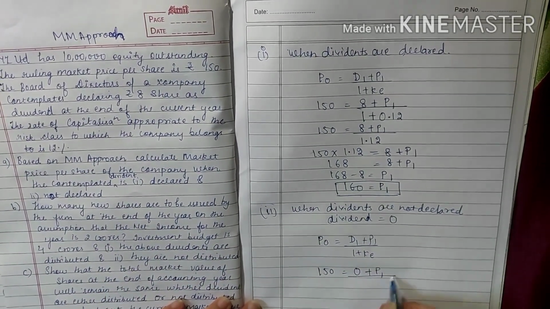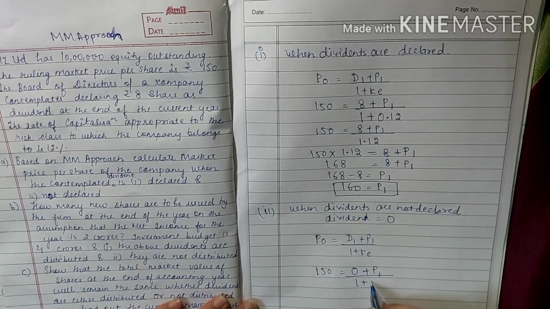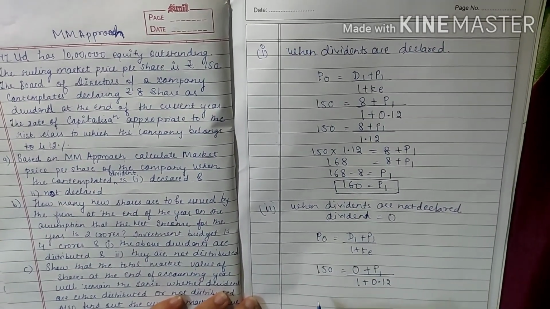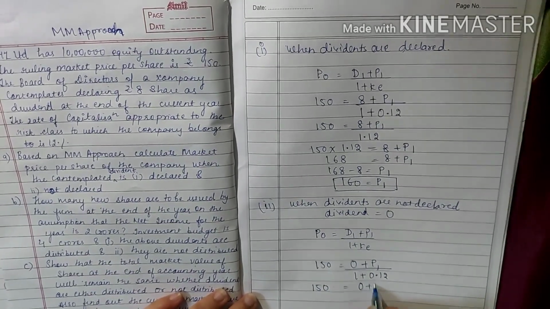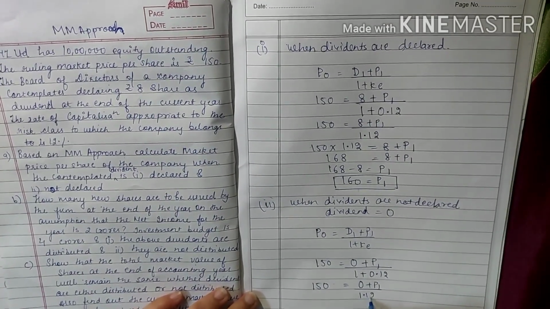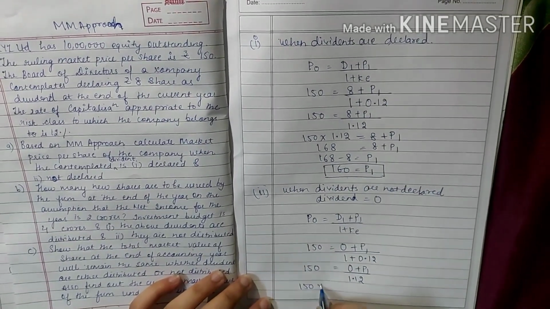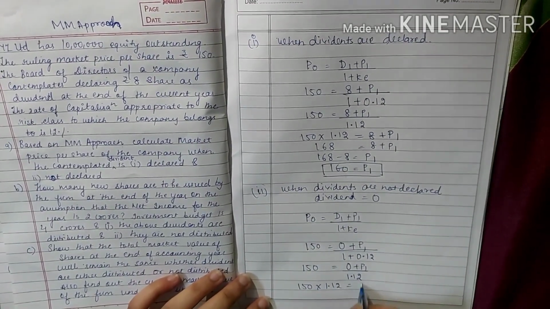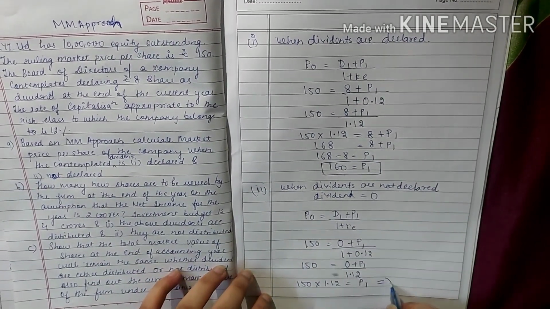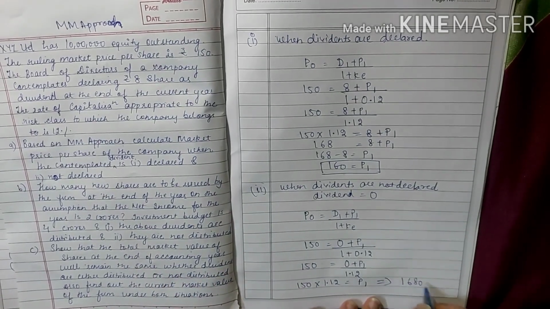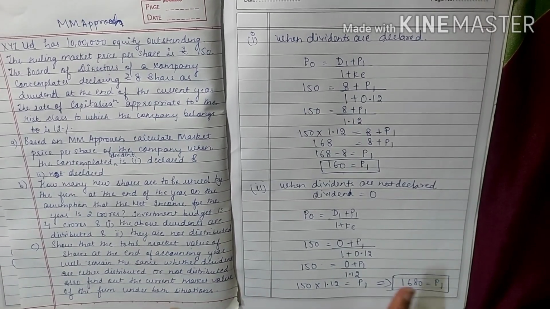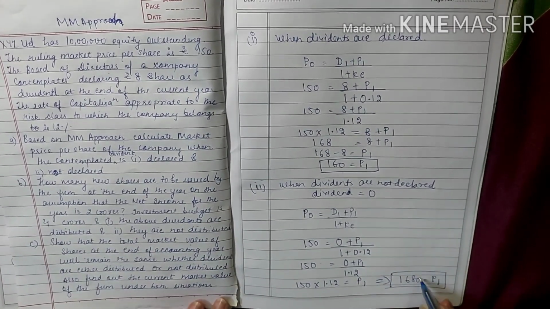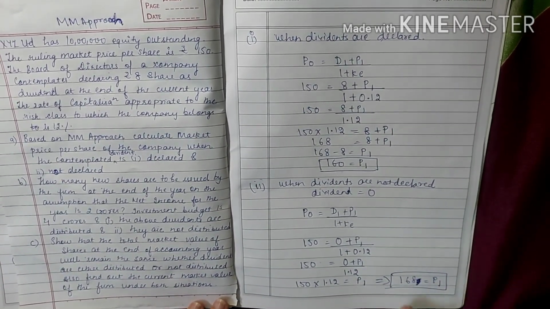P1 we have to find, 1 plus KE, KE is 12% or 0.12. Again solving it, 150 is equal to 0 plus P1 upon 1.12. So 150 into 1.12 is equal to P1, which is 168. So the market price of the share when dividends are not declared is rupees 168.